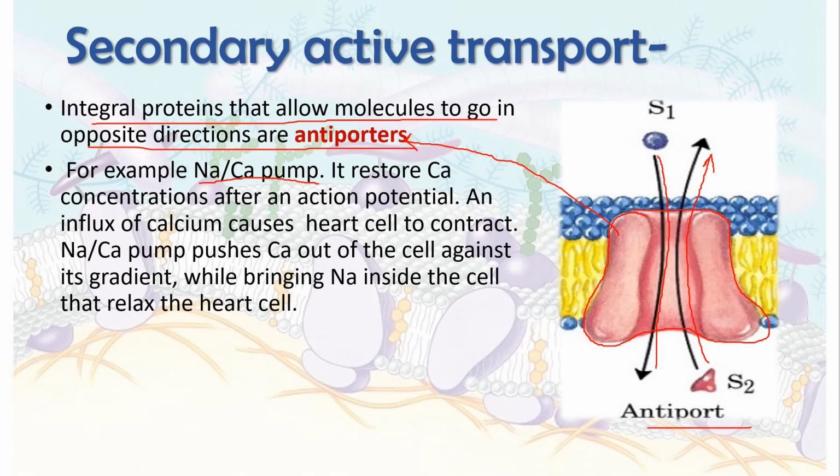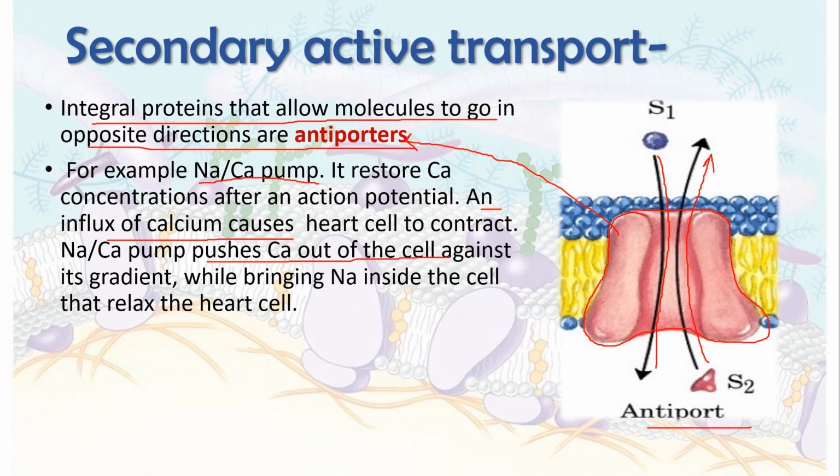Basically, in a heart cell, there is an influx of calcium ions. As soon as the calcium ion enters the heart cell, it causes the heart cell to contract. Okay. Now, what does this sodium calcium pump do? Basically, it pushes calcium out of the cell.